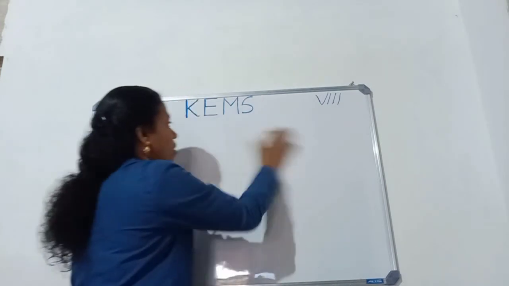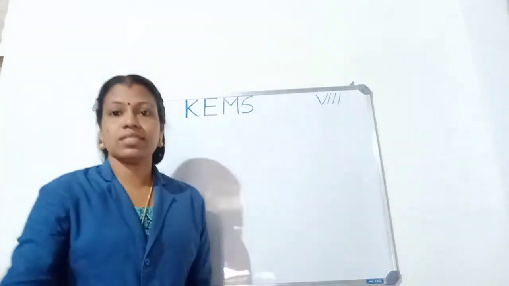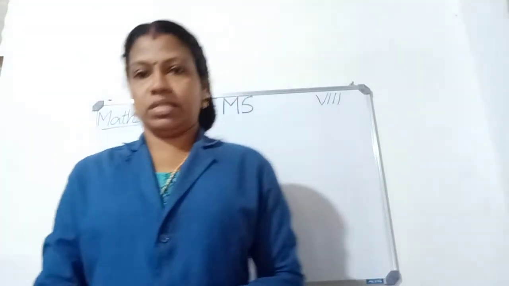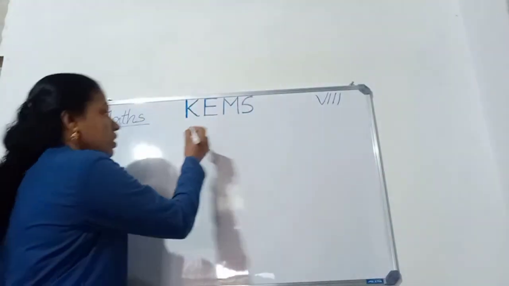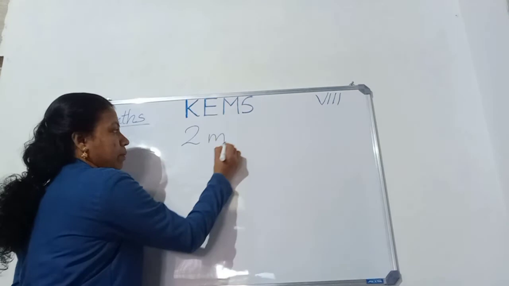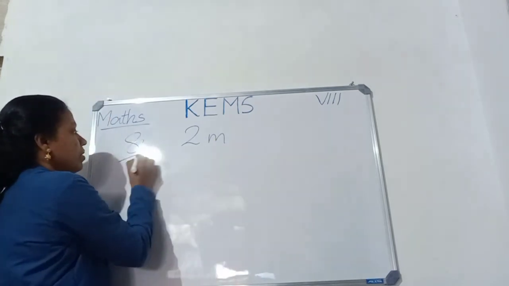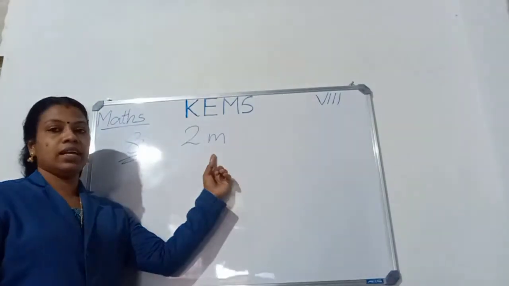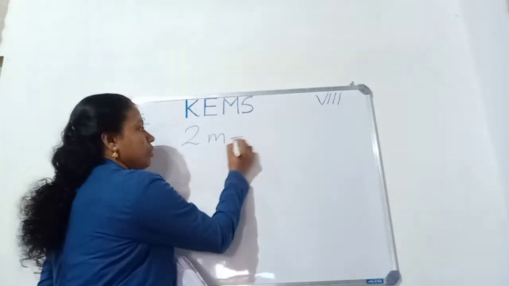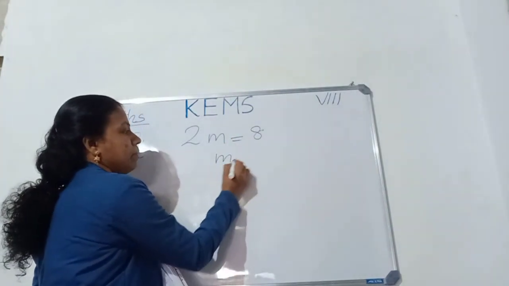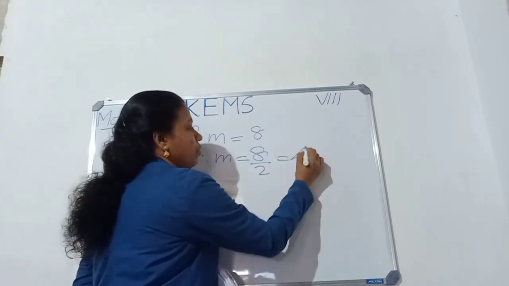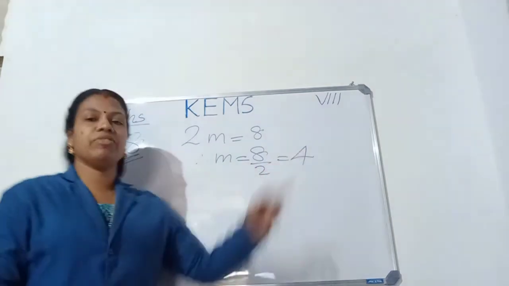The general form of a Pythagorean triplet is 2m, m square minus 1 and m square plus 1. So we can start with our first term 2m. The first member of that triplet is 8. So 2m equal to 8. Therefore m equal to 8 by 2 equal to 4. So here our m is 4.